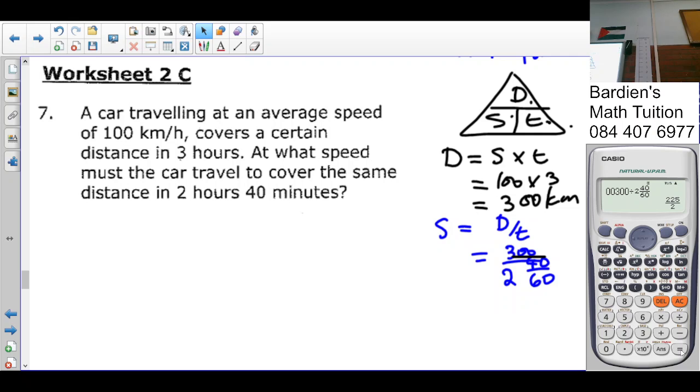It's fine. 112.5. The decimal commas must be aligned again, okay? 112.5 kilometers per hour. Okay, you guys understand?